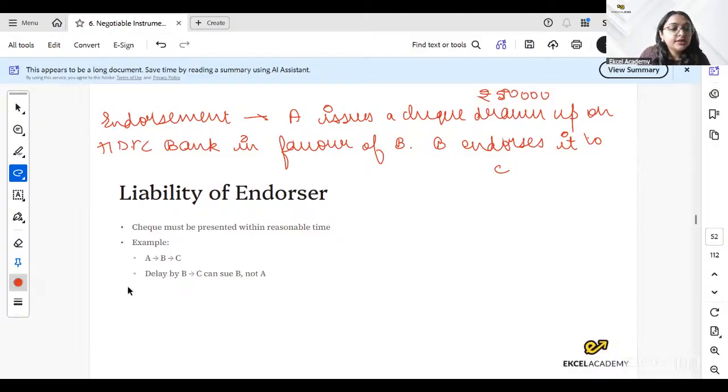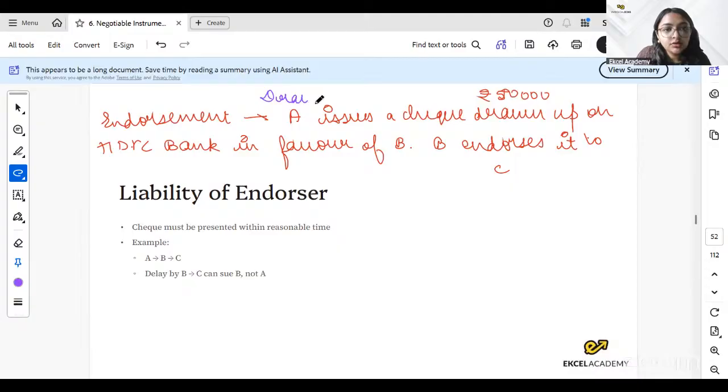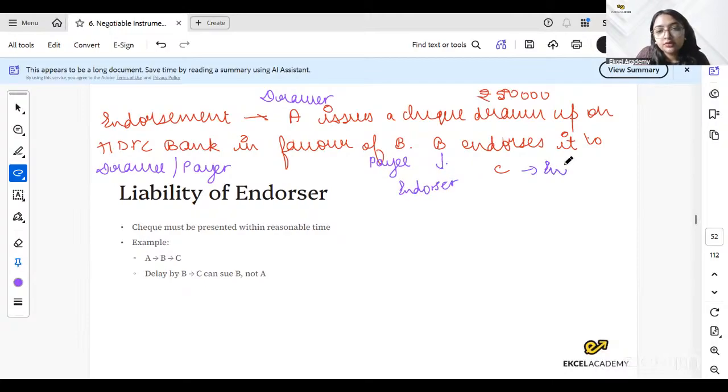All right. So let us quickly understand who are the parties here. A is the drawer, correct? HDFC Bank is the drawee and the payer. And in favor of B, so B is the payee. But the minute B endorses, B becomes the endorser and C becomes your endorsee. I hope you are clear.